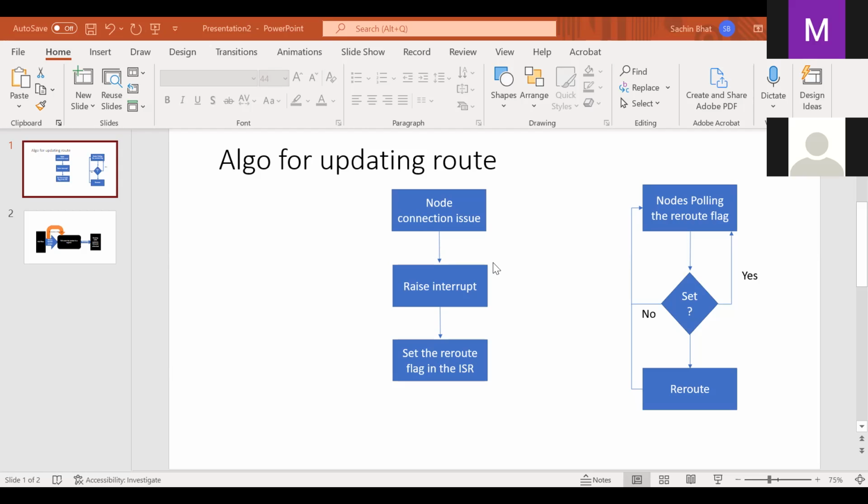In our software, we'll be polling for this reroute flag, and whenever this flag is set, we'll be running the rerouting algorithm of the entire network.